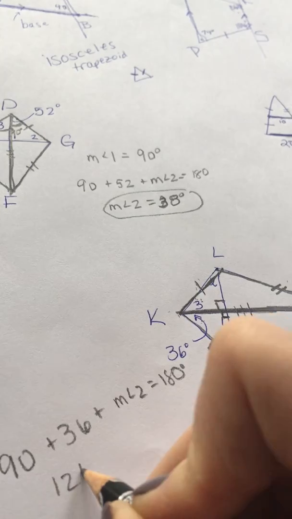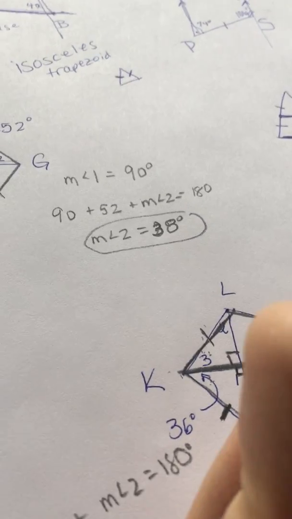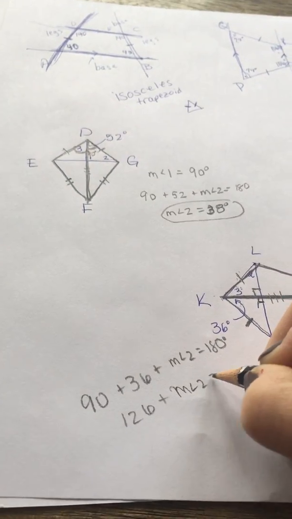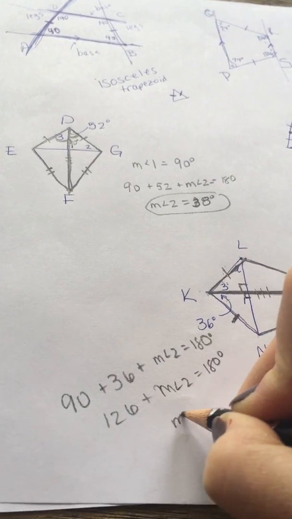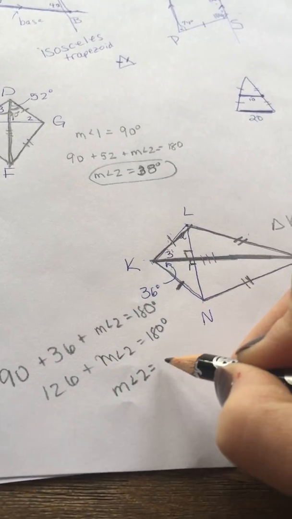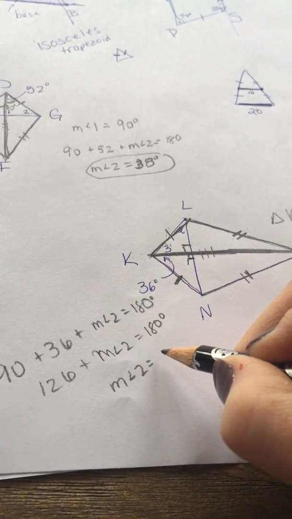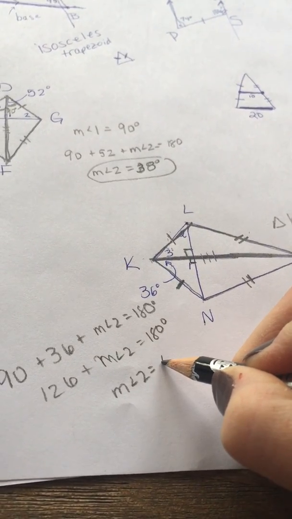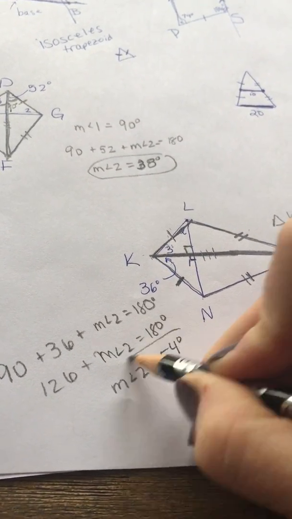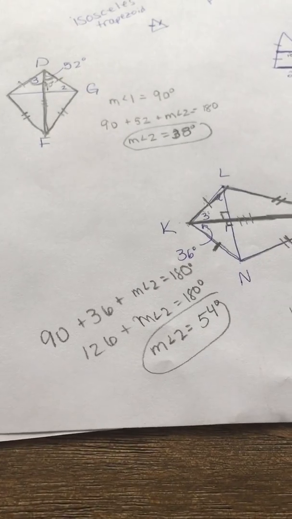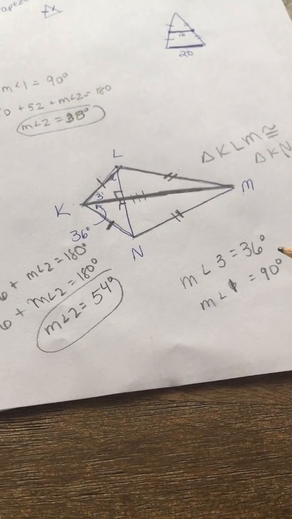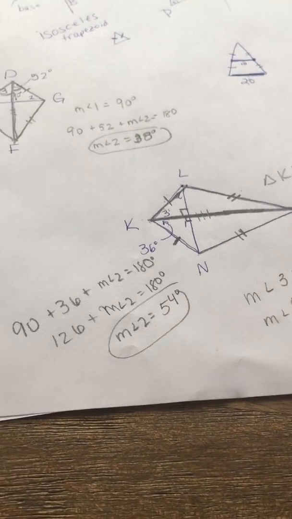So what's this? 126 plus the measure of angle 2 equals 180. So 54 degrees will be the measure of angle 2. So we have the measure of angle 1, angle 2, and angle 3.